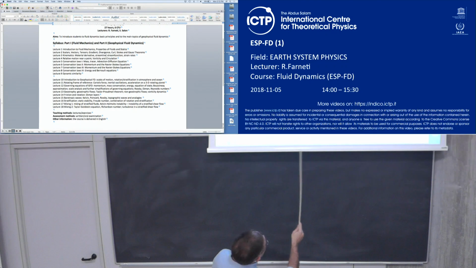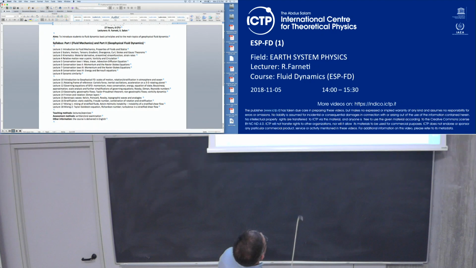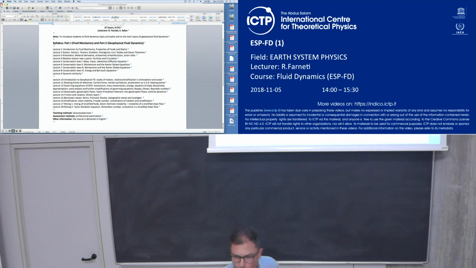You might repeat some of the equations that we've seen: momentum conservation, mass conservation, energy, and then you'll start deriving things like geostrophy, the importance of friction to generate some particular boundary layers. You'll look at waves, stratification, and mixing properties in GFD.